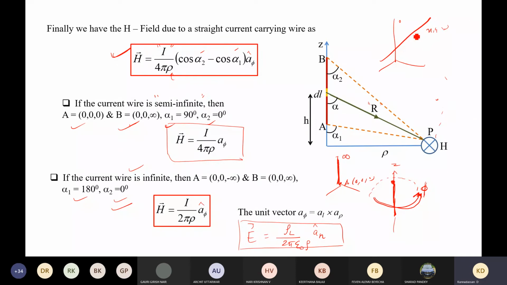If we are supposed to take a particular point P and draw the r vector, the r vector is going to be perpendicular to this vector. So this is a line vector. When you multiply both, you will get the corresponding normal vector, which is nothing but L vector cross R vector.